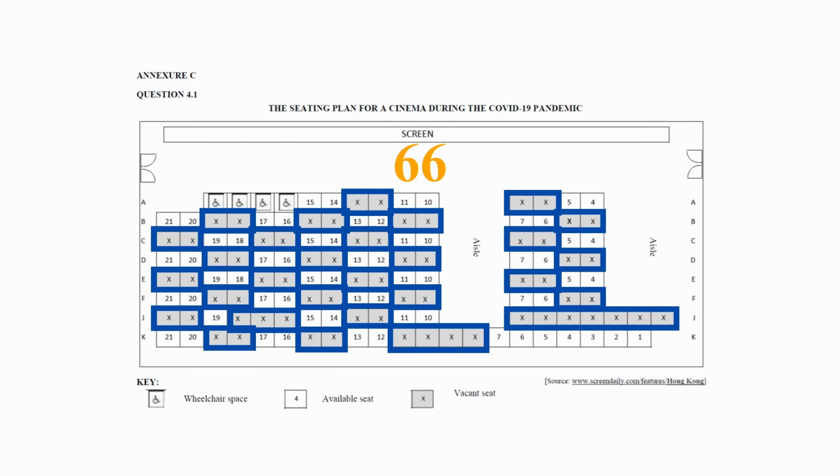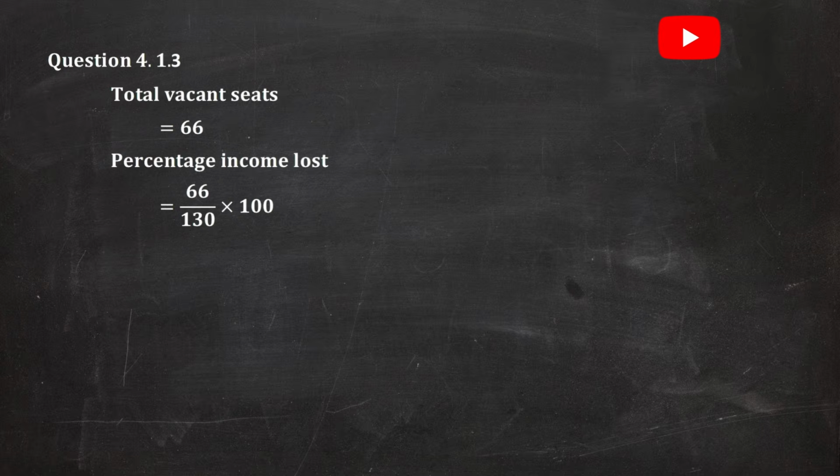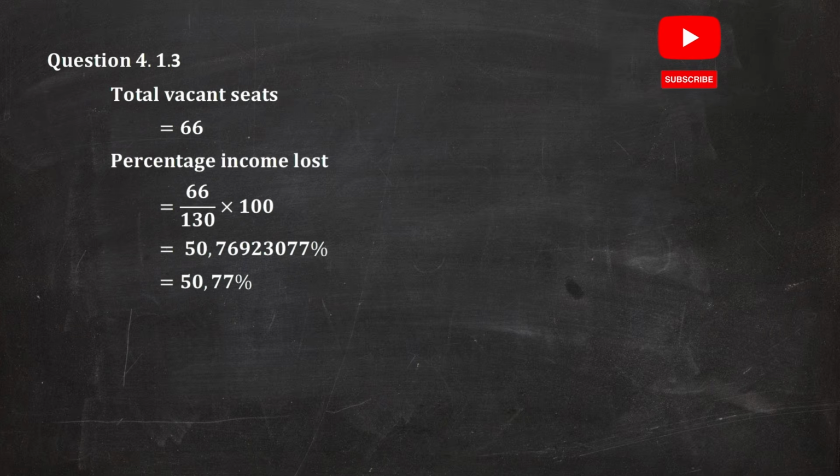The number of seats that will not be occupied during the pandemic was 66 seats. So the percentage of income that was lost is 66 divided by 130 multiplied by 100, and this equals 50,76923077%. You can simplify this percentage to 50,77%.